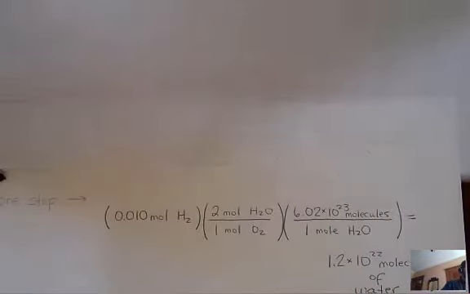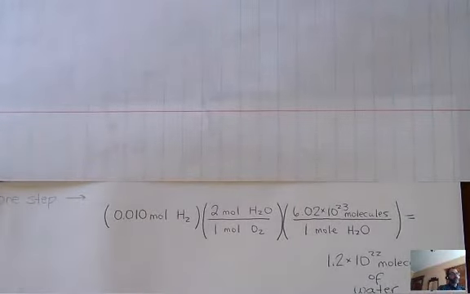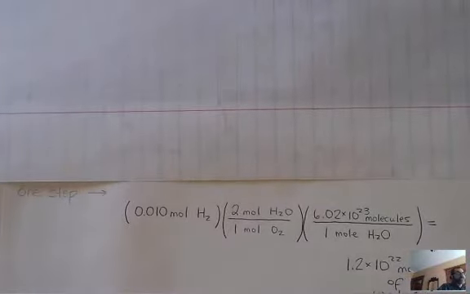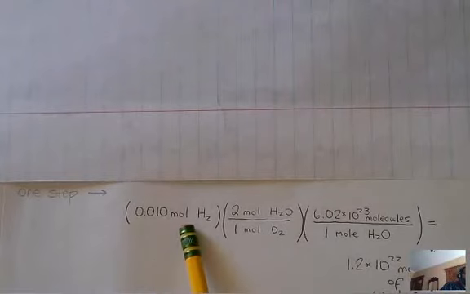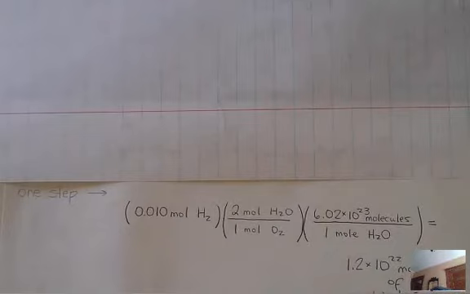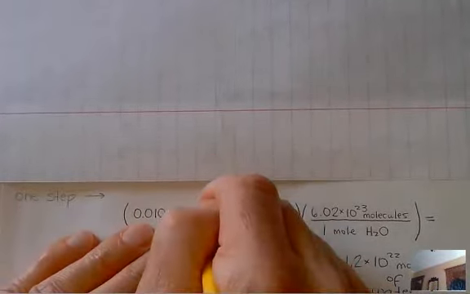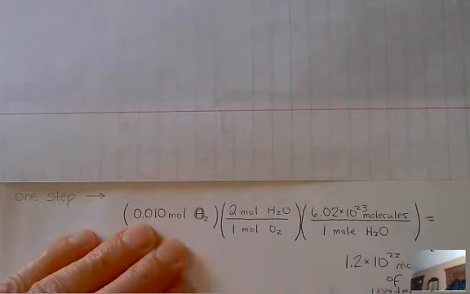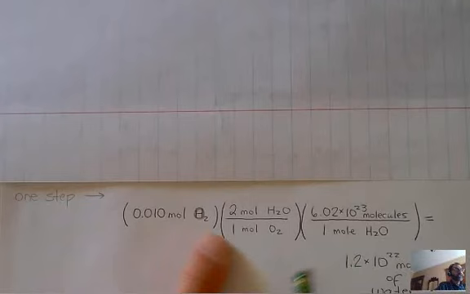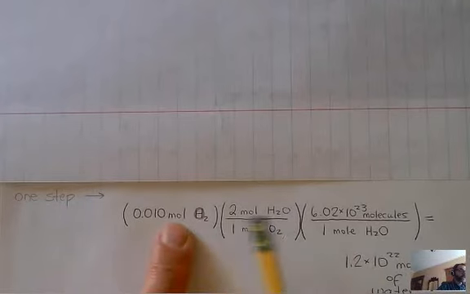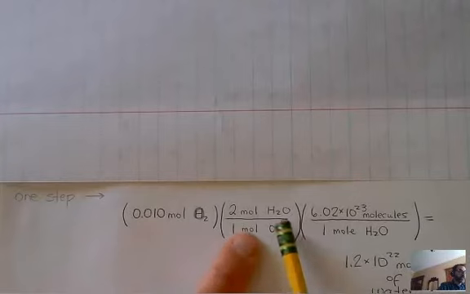And I'm going to show you that if you're given something in molecules, the one-step way makes sense because you go directly from molecules of oxygen, from moles of oxygen, they gave you 0.01, to moles of water, right?